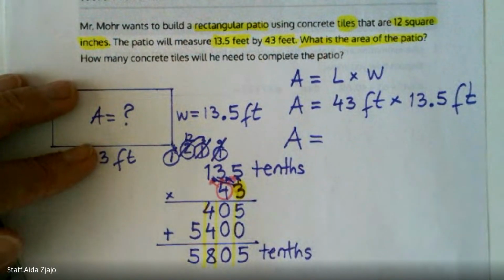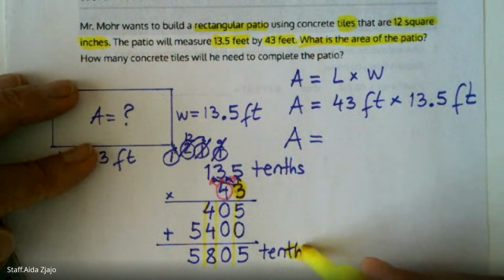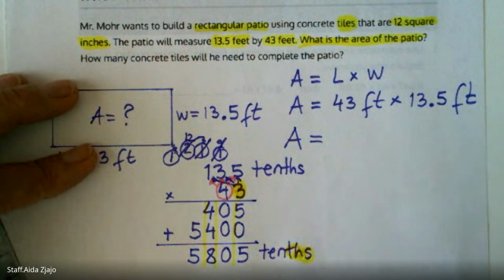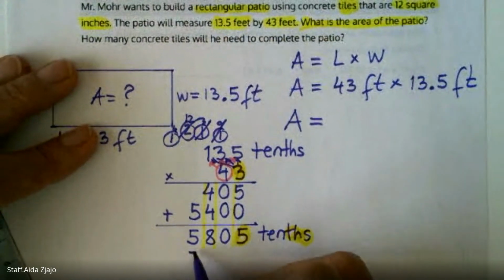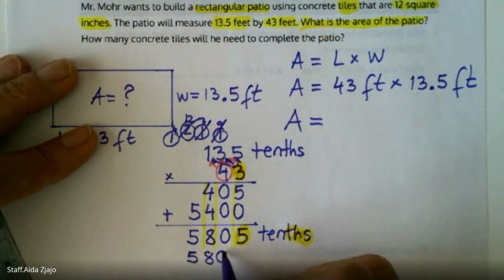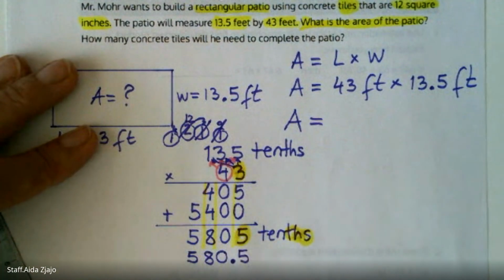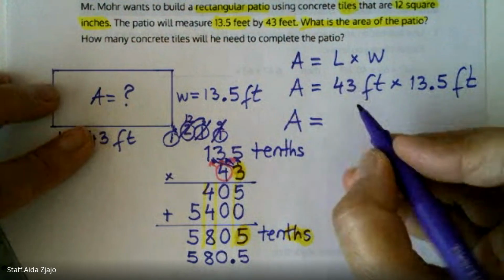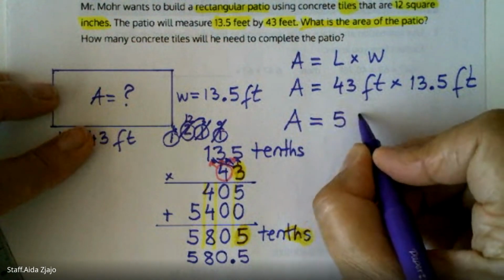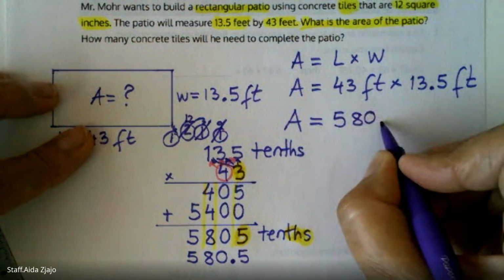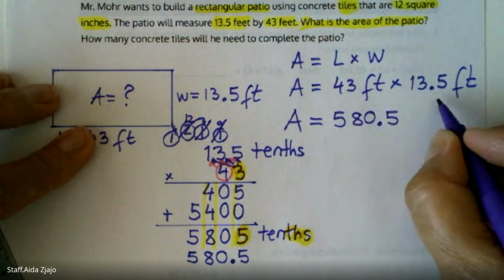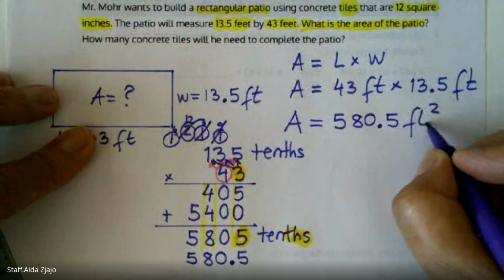So in the answer, I need to show the tenths. My answer would be 580 whole feet and 5/10. So the area is 580 and 5/10 square feet.